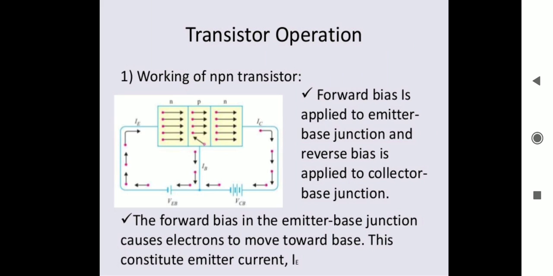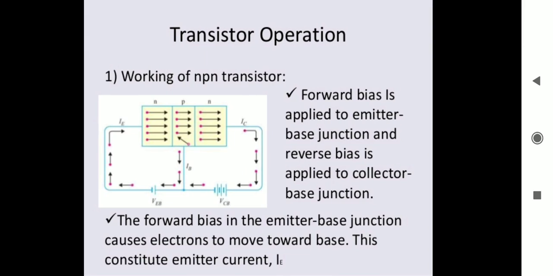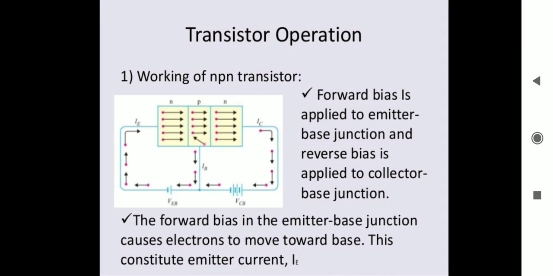So here the positive supply will forward bias the base emitter junction, and the voltage will reverse bias the collector to base junction.